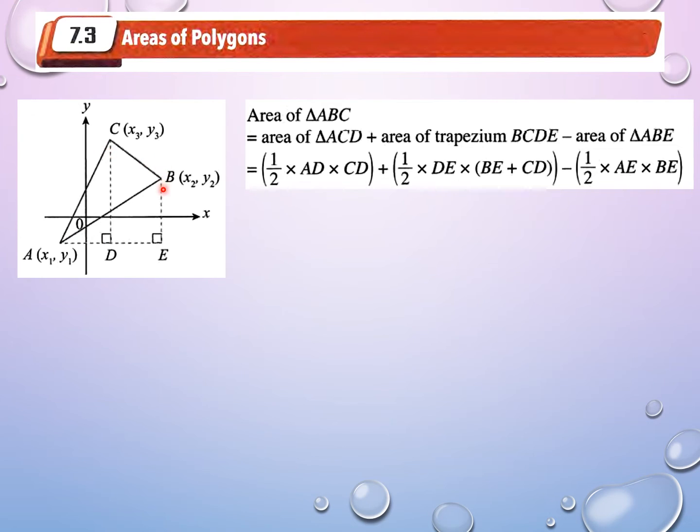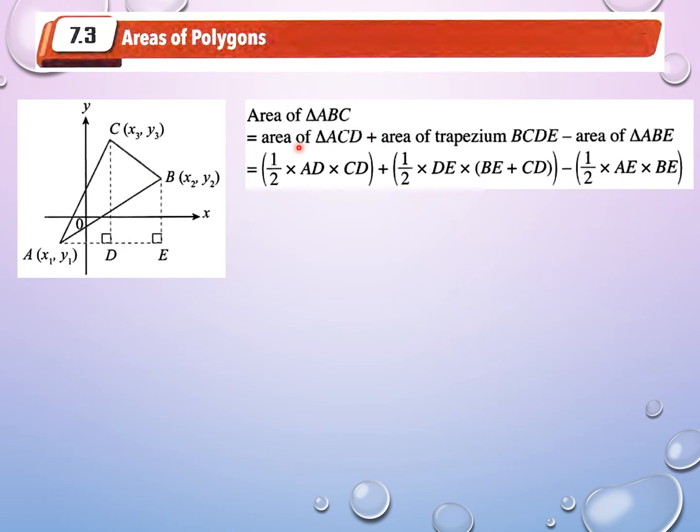If I draw another dotted line from D to E, I get another right angle triangle, which means I get one trapezium here and another right angle triangle here. To get the area of triangle ABC, I can just add up these two polygons, the right angle triangle and the trapezium.